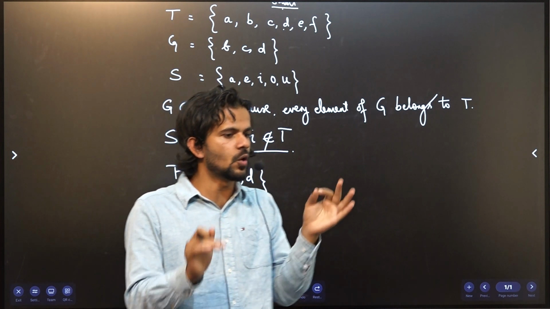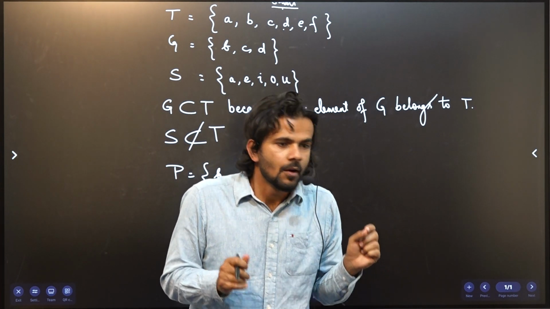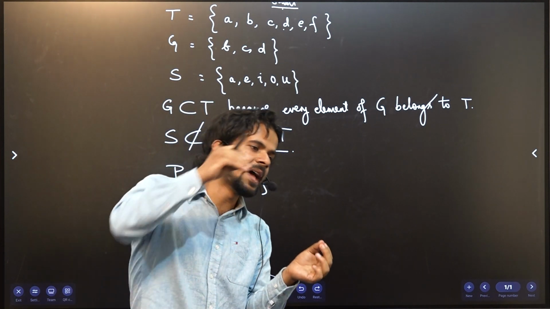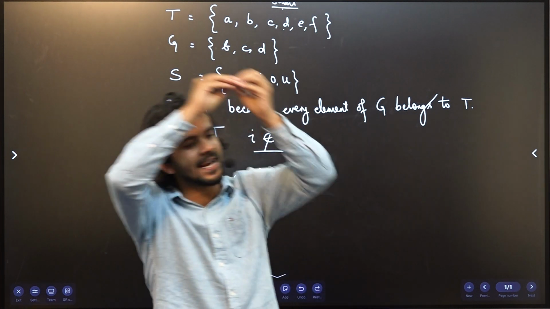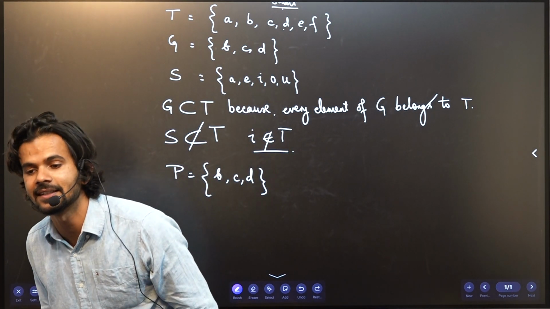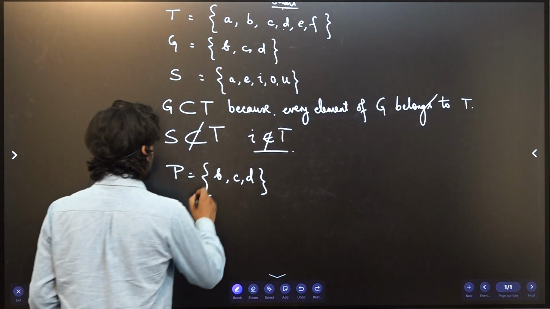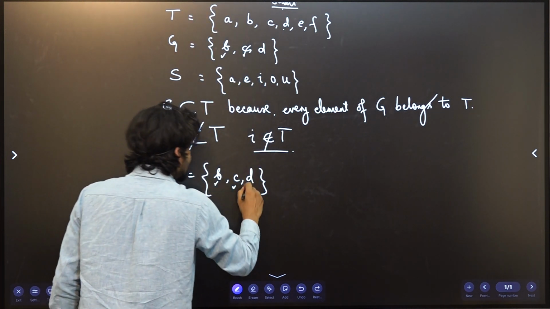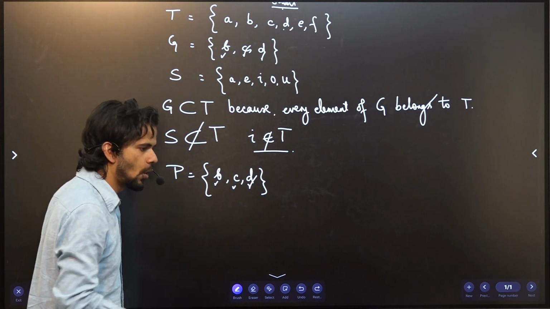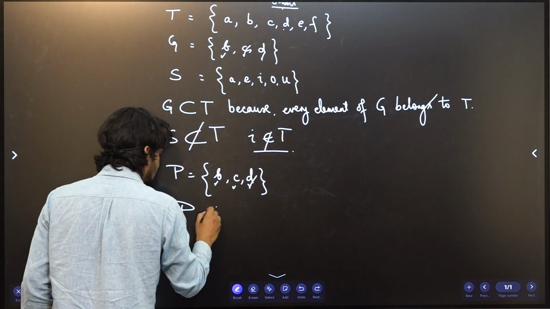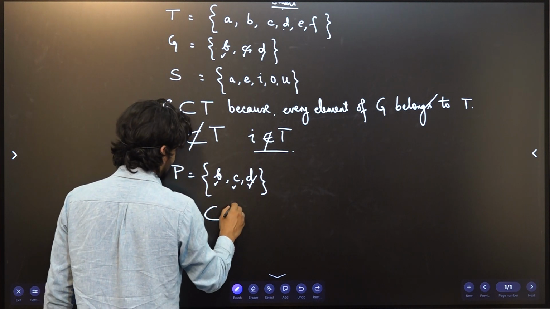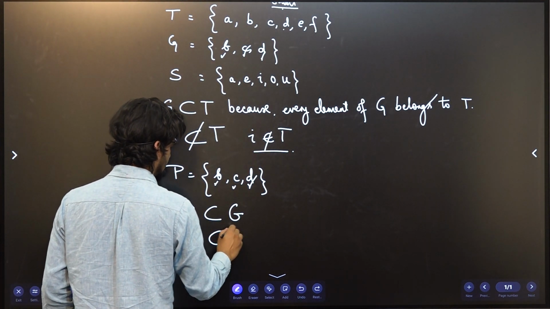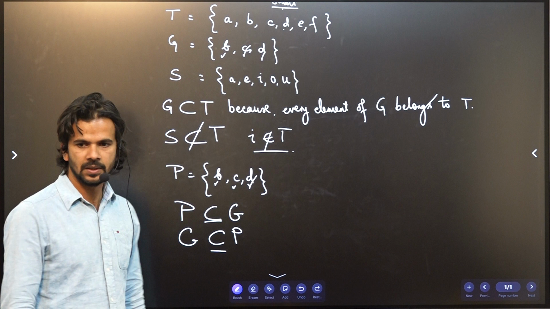We are concerned only with the definition. What does the definition of subset say? Every element of that set should be contained in the other set. Is that true? Yes. B belongs to G, C belongs to G, D belongs to G. So P is a subset of G, and similarly G is also a subset of P. Sometimes we write it like this because they are equal also. It's not a proper subset.